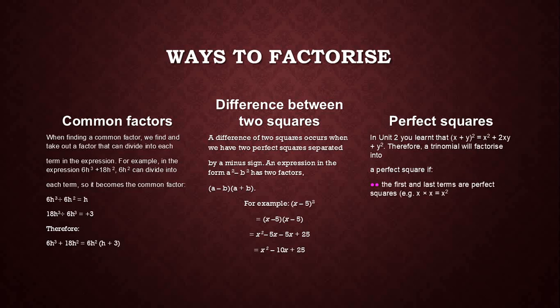For example, x times x is x², and the middle term is 2 times the first term and the last term.